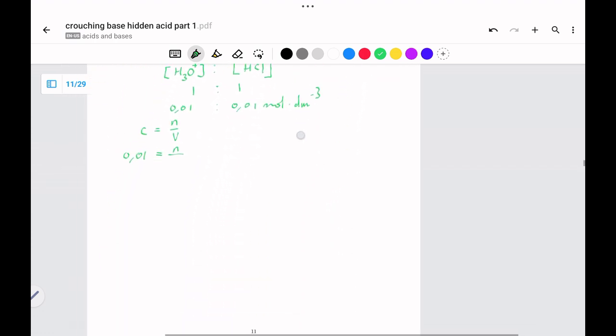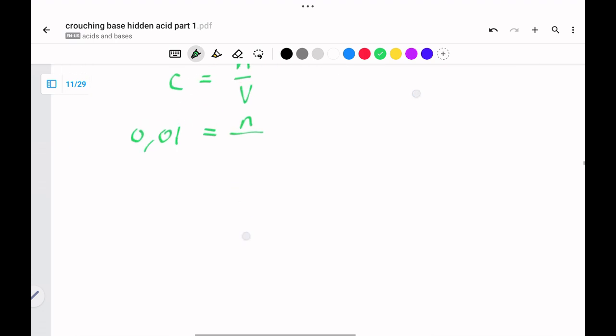So 350 cubic centimeters. Then N is equal to 2 zeros. Could have predicted that. Okay, moles of what? HCl.